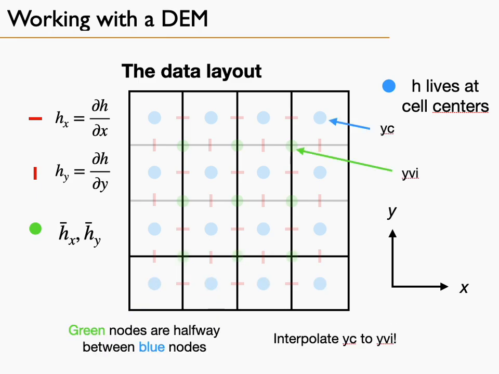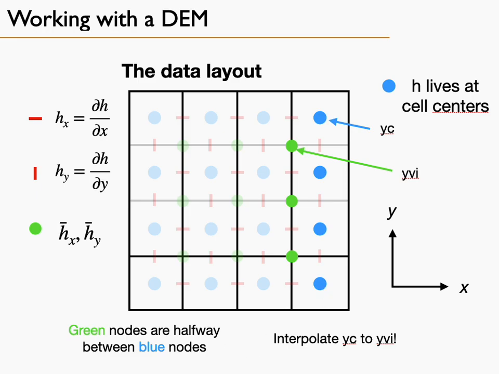The same would apply to the yc and yvi nodes, which are here. So we have this set of nodes, and to compute the location of the vertices here, it's simply the average of these coordinates.